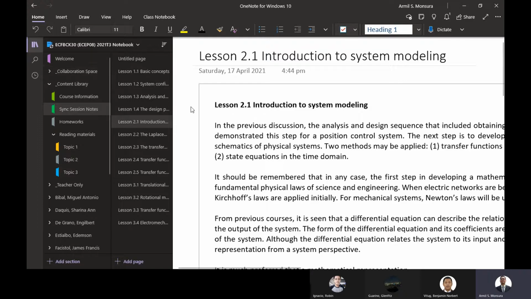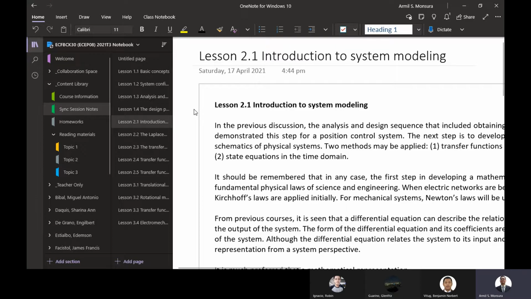Okay, so again, a few weeks back, pagka pinopost ko itong mga topics na to, I was reminding you that you have to read these materials in order for you to study them and then work on your homeworks.